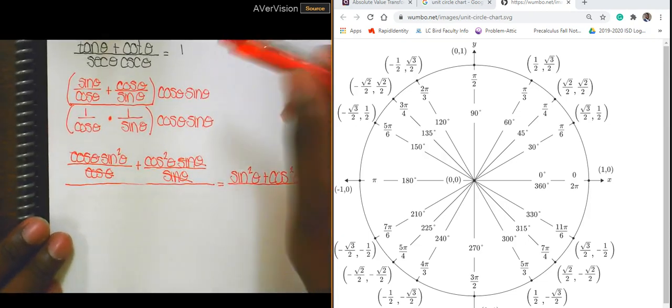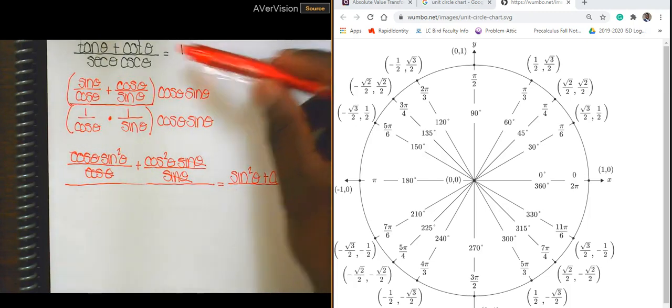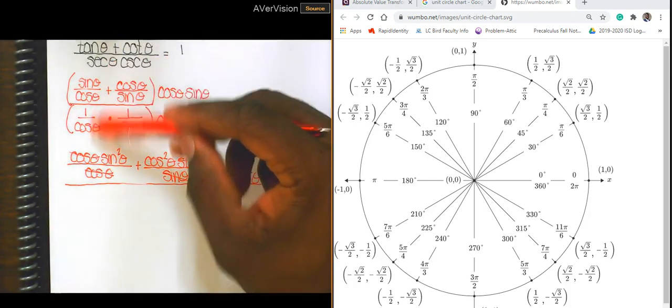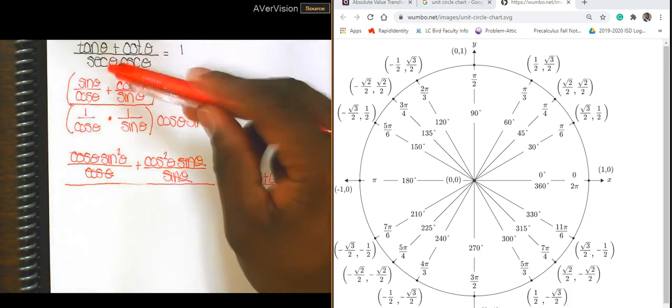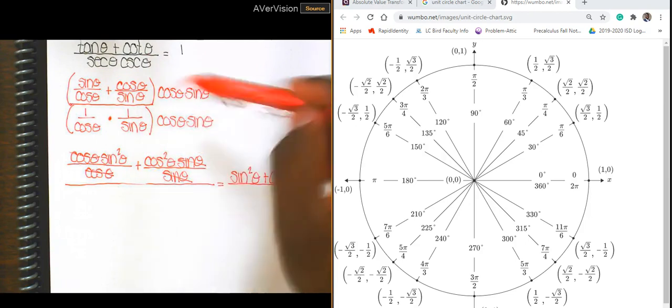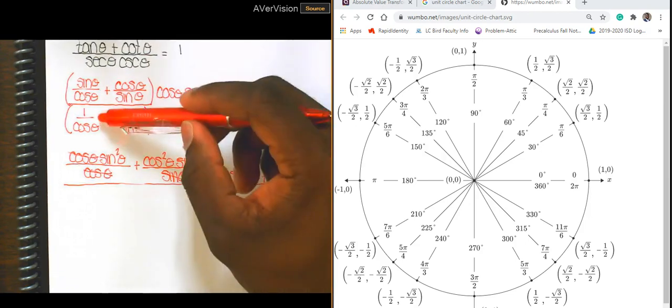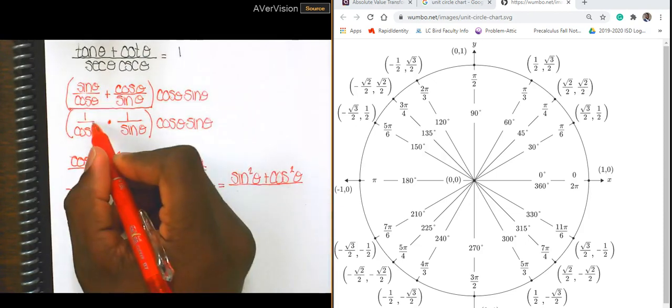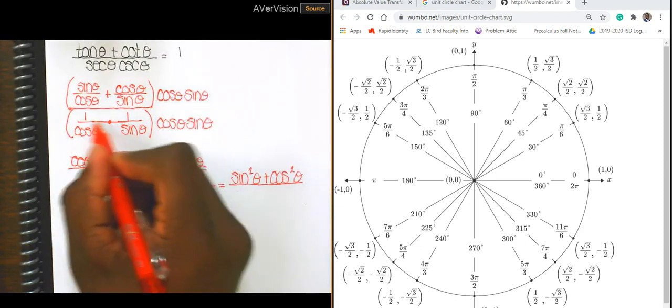All right, going back over here. Cosecant is 1 over cosine. Sorry, secant is 1 over cosine, cosecant is 1 over sine, right? When they're being multiplied, we can combine them into one fraction, right?